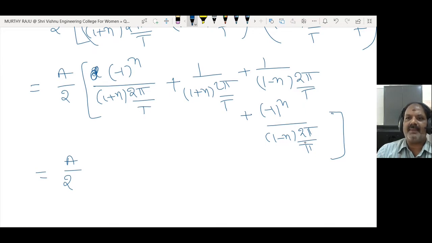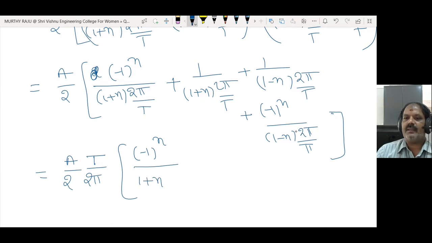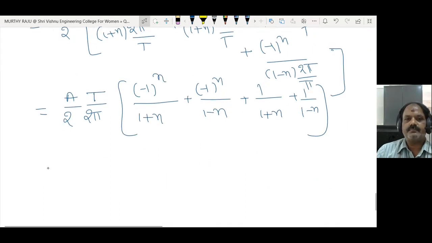Here in all the cases 2 pi by t is the common term, and minus 1 whole power n by 1 plus n, here minus 1 whole power n by 1 minus n. 2 pi by t is the common term, that is 1 by 1 plus n plus 1 by, that is equal to a t by, this one is a by 2, this one is a by 2.